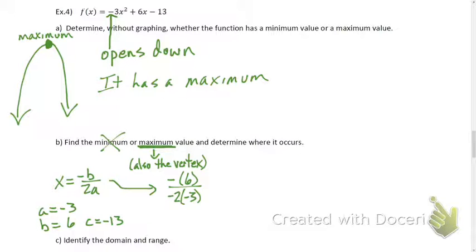Oops, I have too many negatives. I hope you caught that. There we go. That looks better. So it should be like that. And we get negative 6 over negative 6, which is a nice round 1. I need a coordinate, so I need to plug in 1. But that's pretty easy.